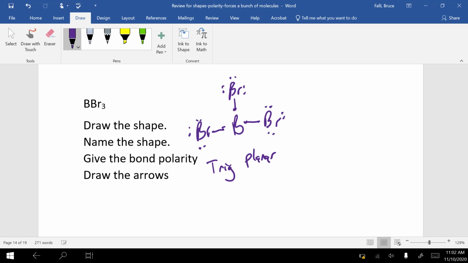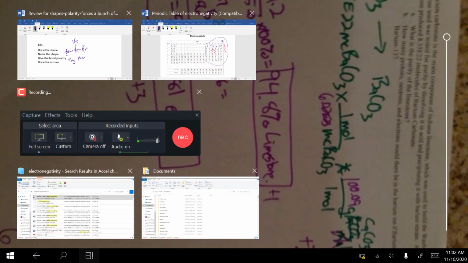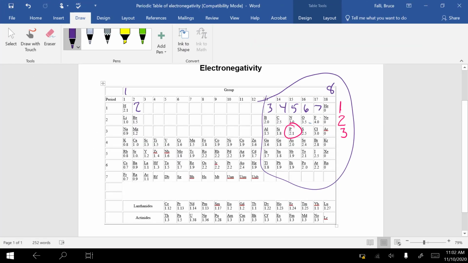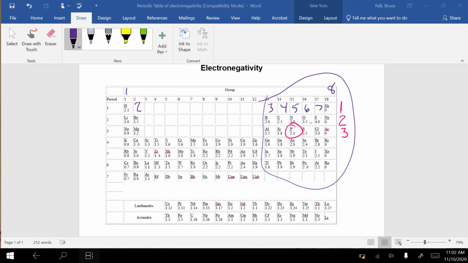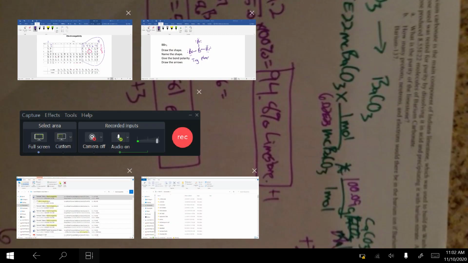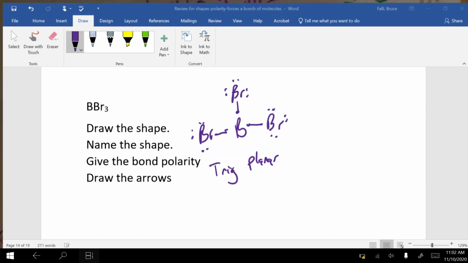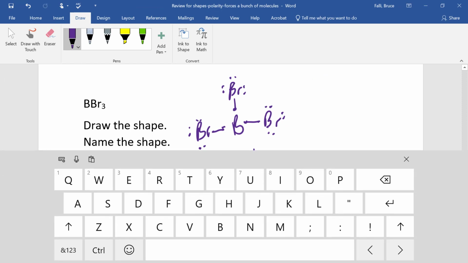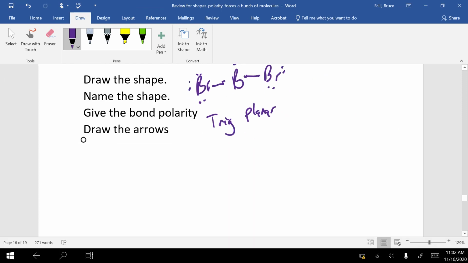The bond polarity, boron to bromine, boron is 2, bromine is 2.8, that's polar, because when I subtract it, 0.8 is polar.